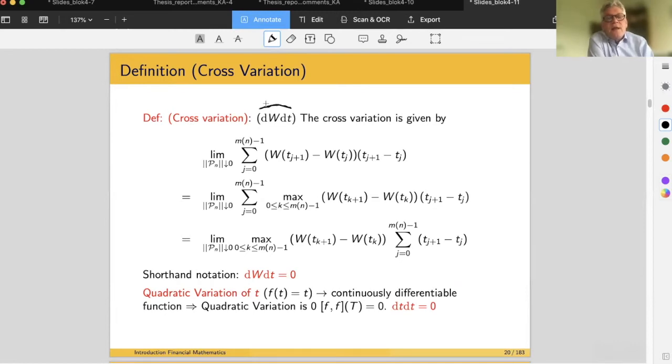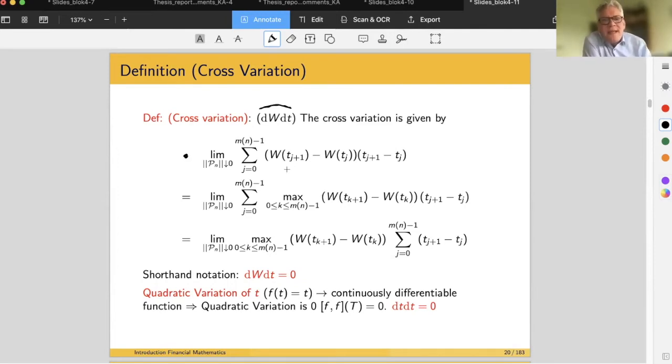But for now, the cross variation is given again by the mesh of the partition P_n going to 0 from above, and the sum over j from 0 to the number of points in the partition of W_{t_{j+1}} minus W_{t_j}, multiplied by the size of the time step, t_{j+1} minus t_j. So it is an increment in the Brownian motion multiplied by an increment in the time.